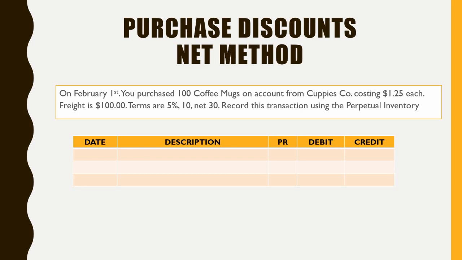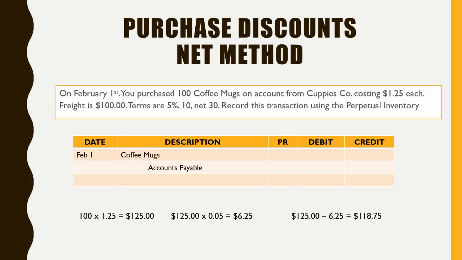You never can discount freight. Right, okay, that's what I did. Hang on, 125 minus 6.25 is 118.75, plus 100 freight. So it's 218.75. Perfect. Sorry, I was doing the 2% from the term instead of the 5%. That's fine.